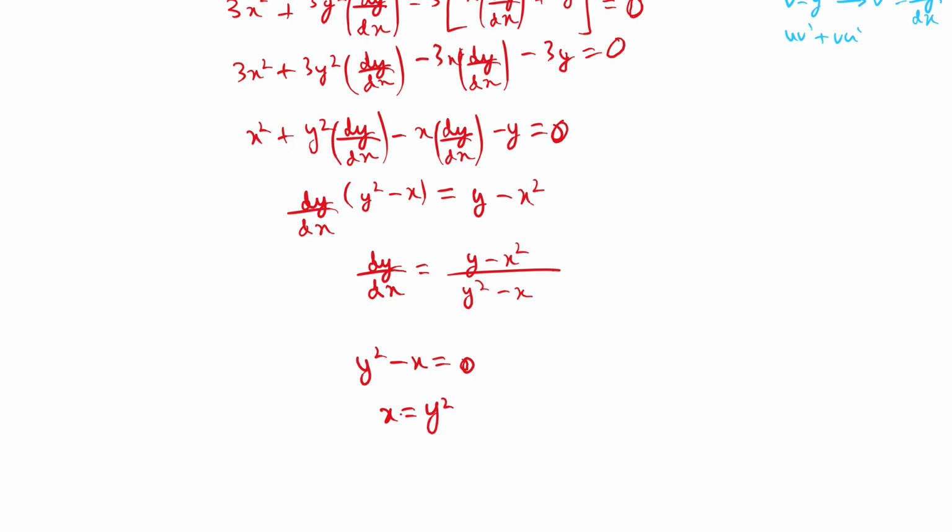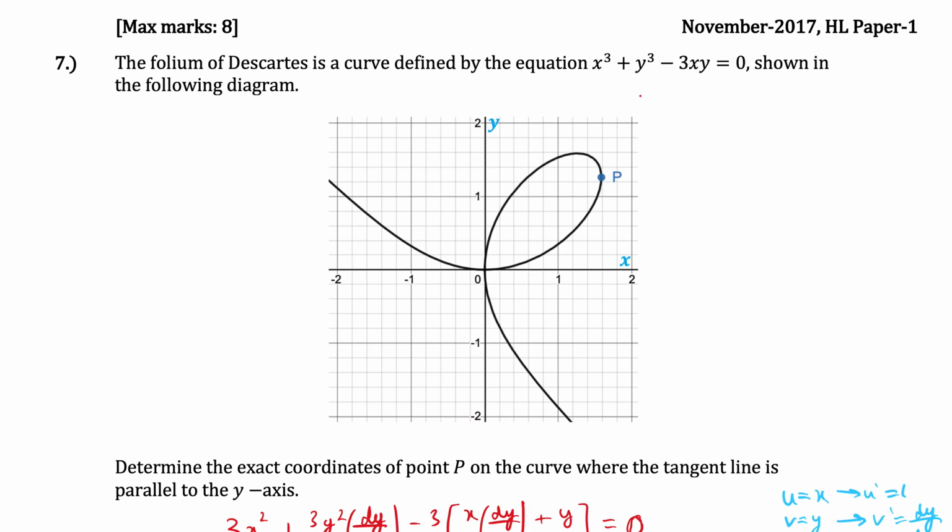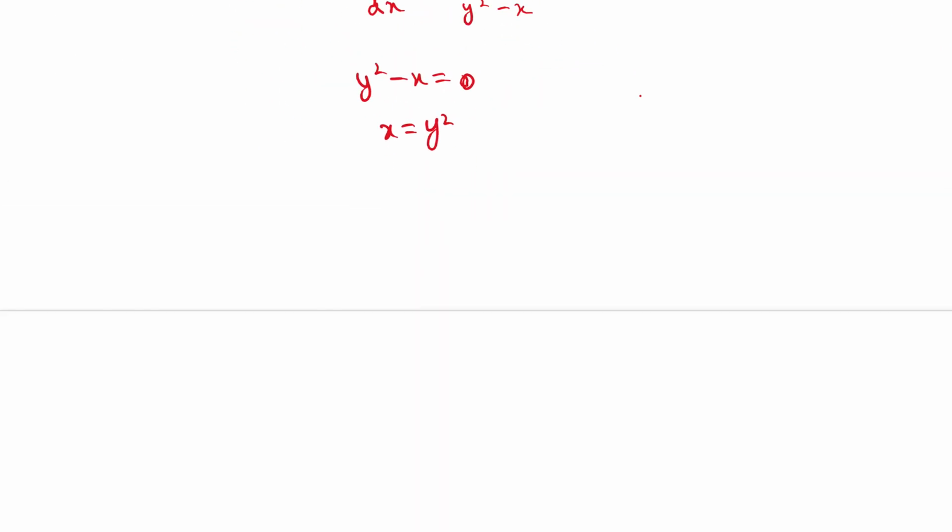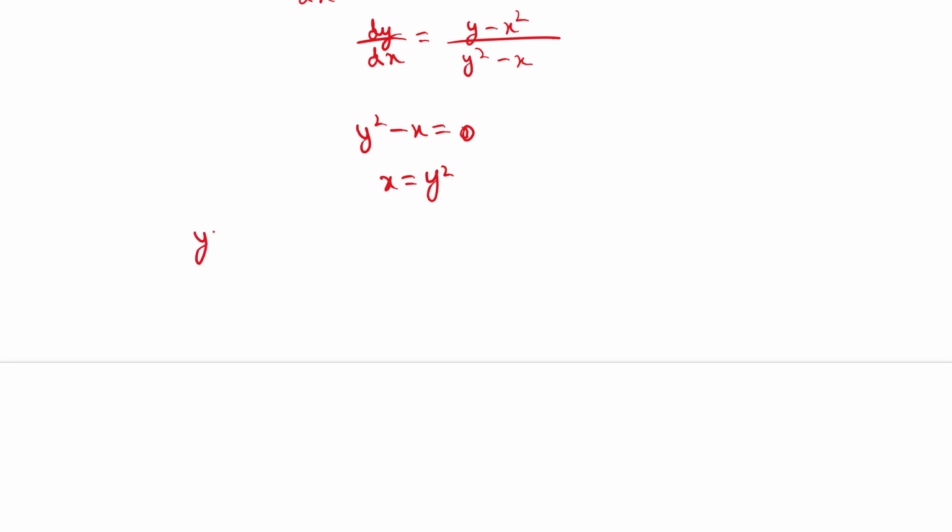Now using this relationship, I can substitute y squared for x in the original equation for the curve. So we have y squared to the power of 3 plus y cubed minus 3y squared times y, and this is equal to 0.